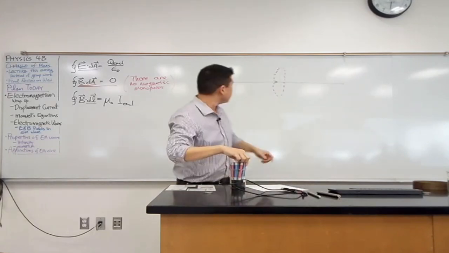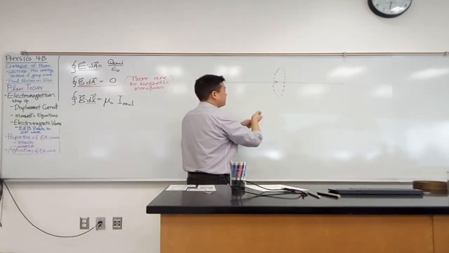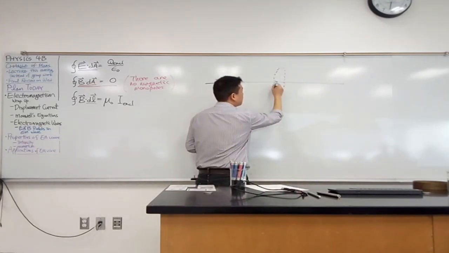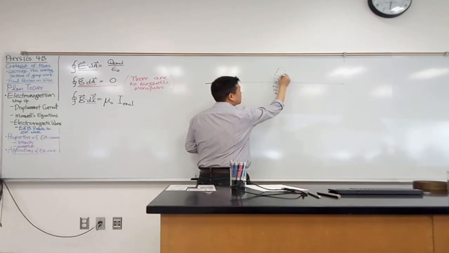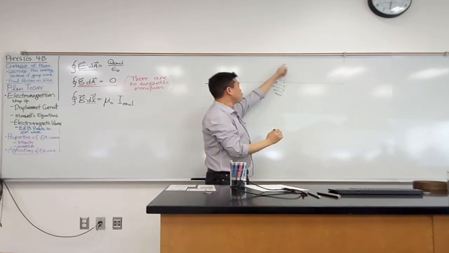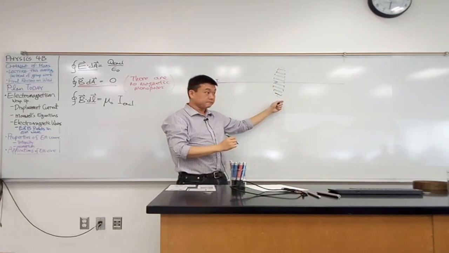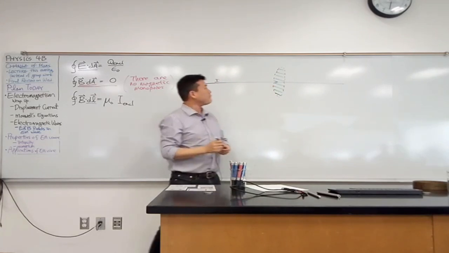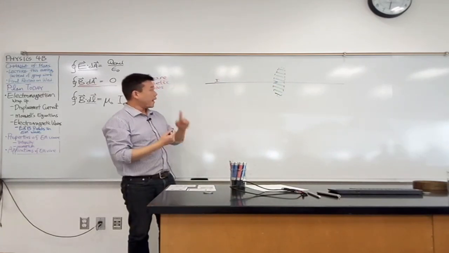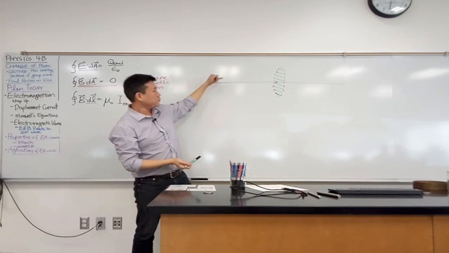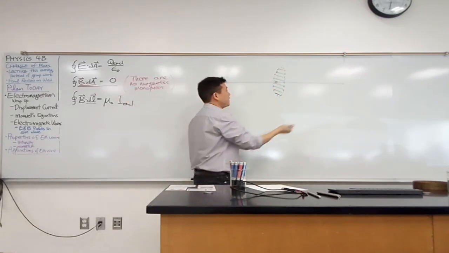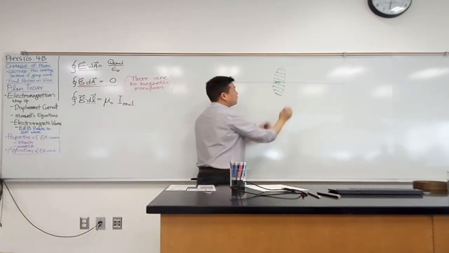So this loop, for example, can define this circular open surface that has the loop as its boundary. Good? And then what we can say is, what it means for the current to go through the loop is that it goes through this surface.